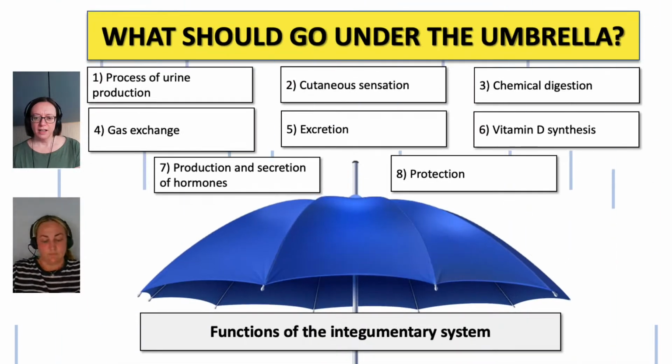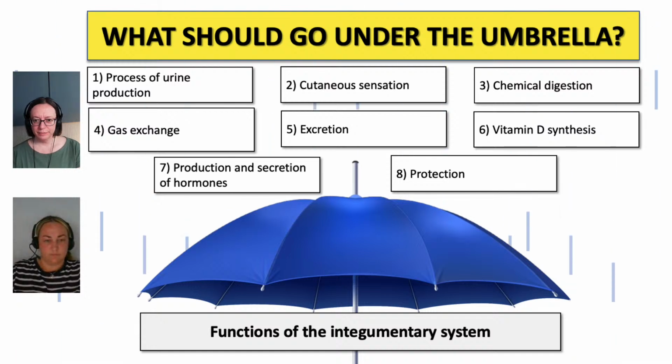So we've got 8 functions, and I want to know which of those, there are 4 of them, are functions of the integumentary system. I always get confused on that one. Integumentary system, okay? So that's your skin, right? So I want to know 4 functions of the skin, and there are 4 that are not functions of the skin. So try and list for me which ones are functions of the skin.